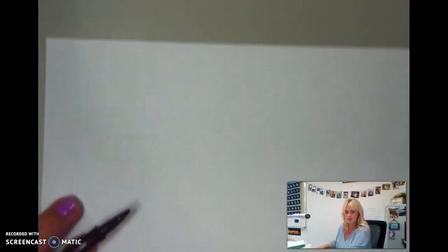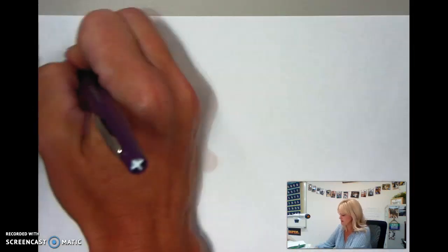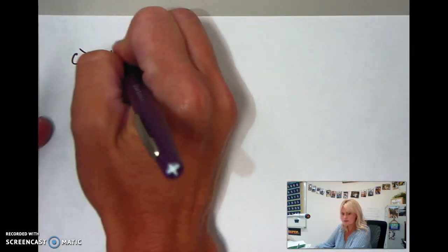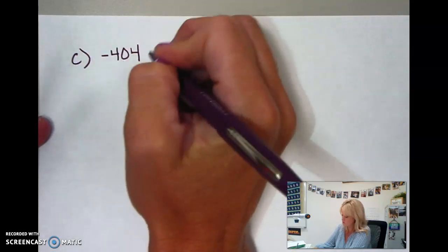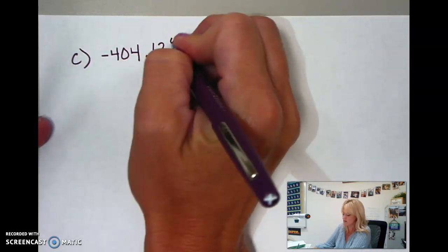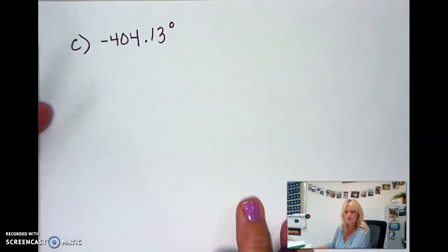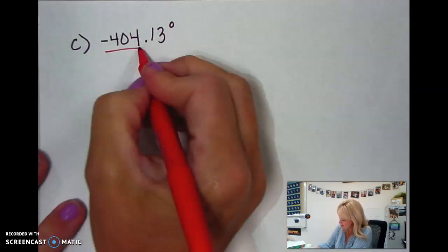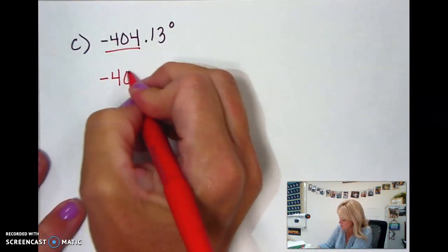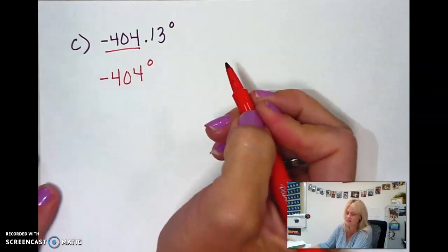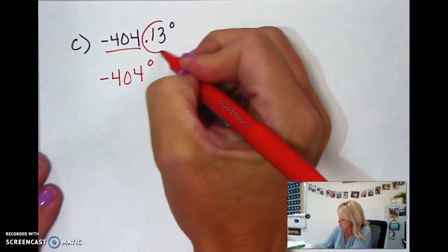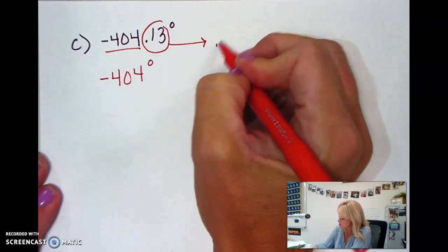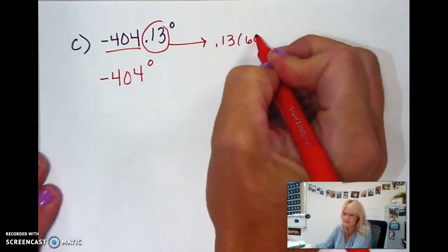So on your own, convert negative 404.13 degrees into degrees, minutes, and seconds. Okay, again, the easy part is the actual degrees. We are done. Now I'm going to take my decimal and I'm going to multiply that by 60.